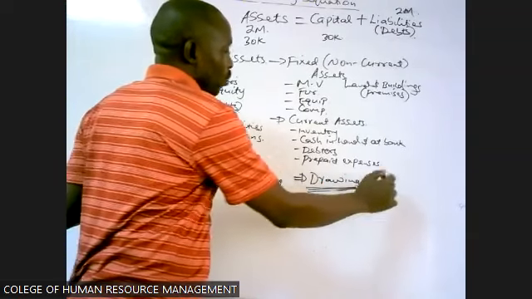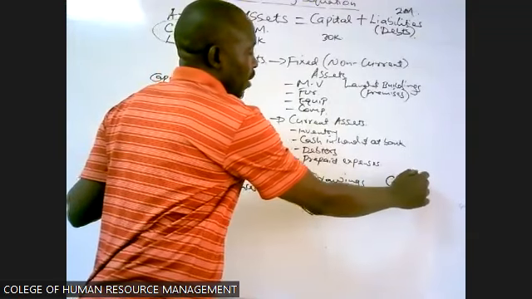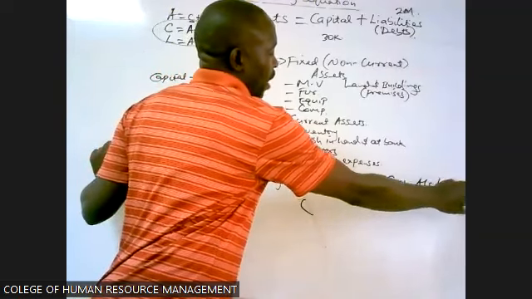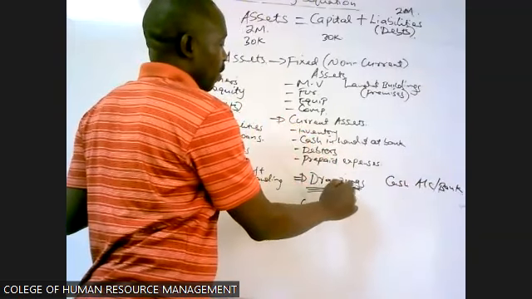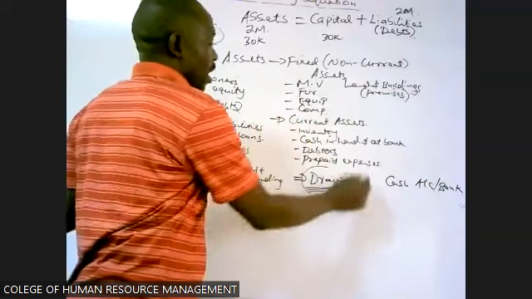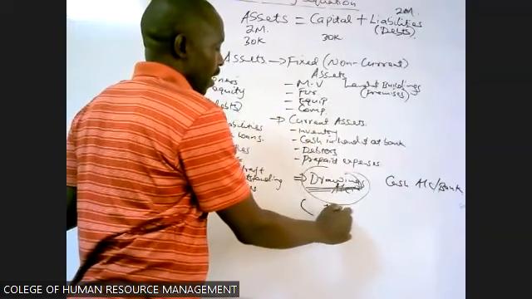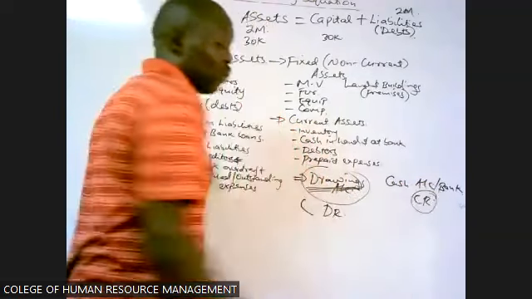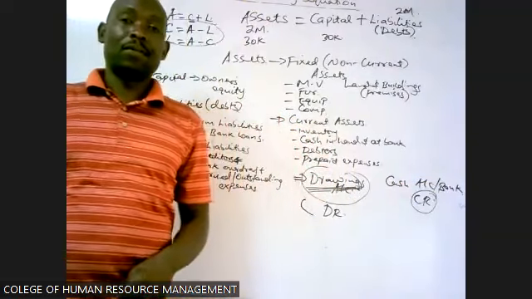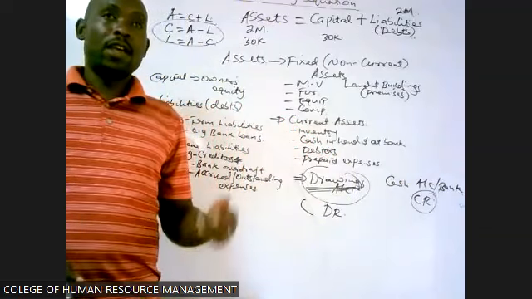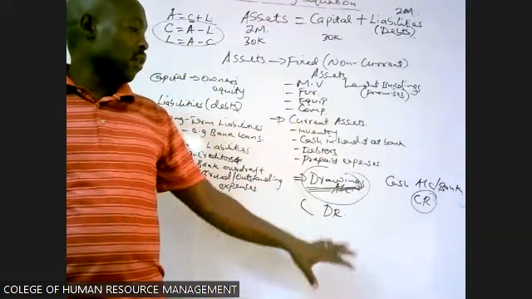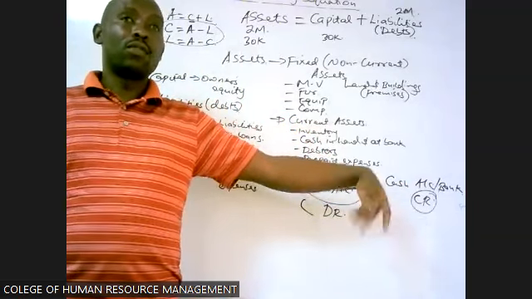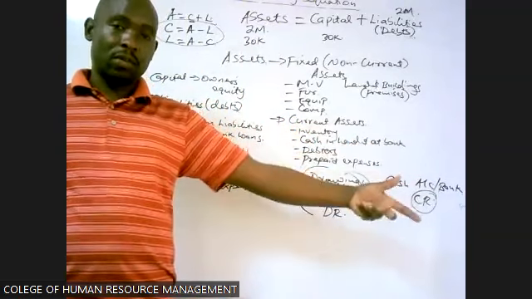We have got 2 accounts here: the cash account, or bank for that matter if you withdraw from the bank, and the drawings account on the other side. This account, we are going to debit there, and this one we are going to credit at the point of taking the money from your business. If you take it today, then today you need to open the drawings account, you debit because the money has gone out, and then you credit cash because actually money has reduced.